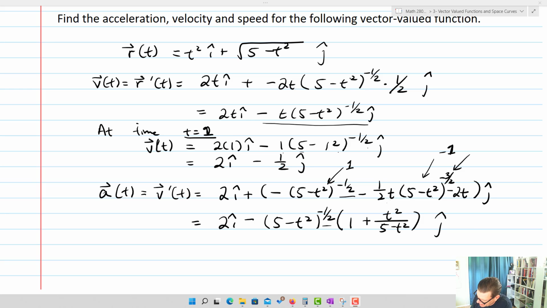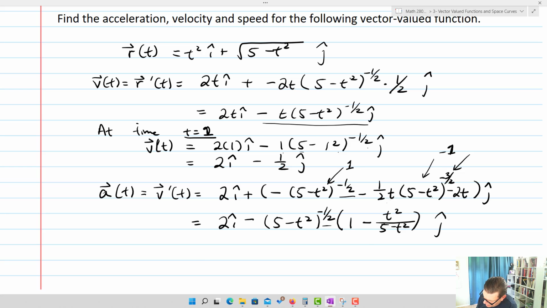I should actually change this thing here, it should actually be a minus, right? Because we pulled out the negative here. So this ends up being a minus. So we end up with 1 minus t squared over 5 minus t squared j. Okay, take a second to actually go through and do the algebra there.